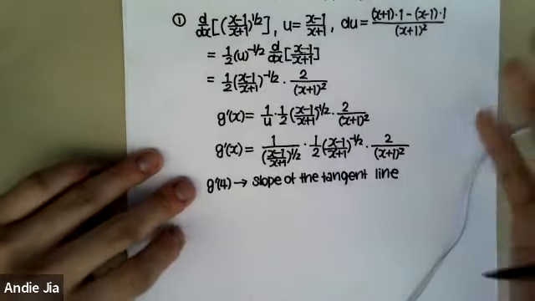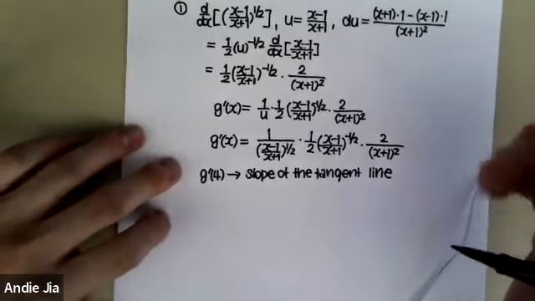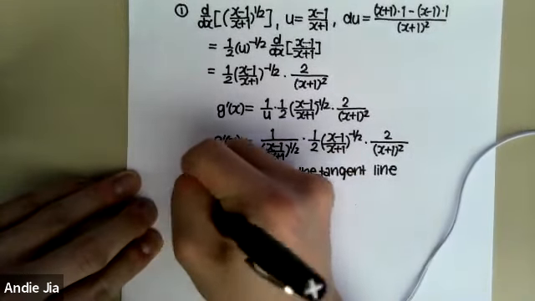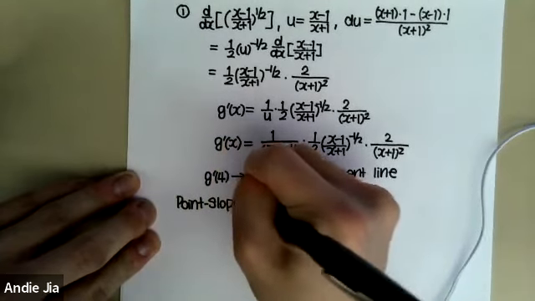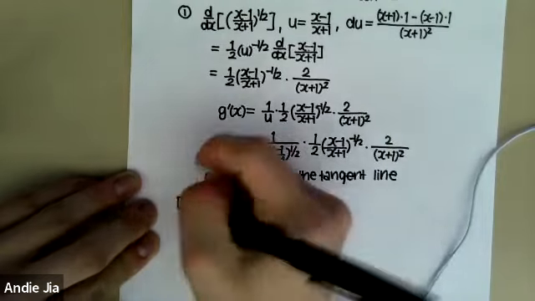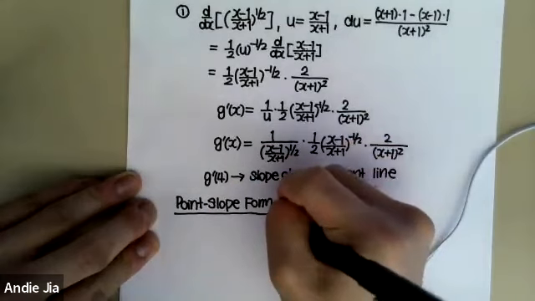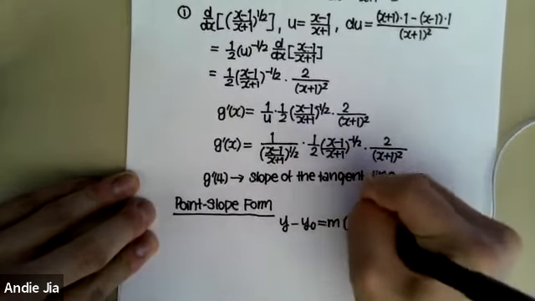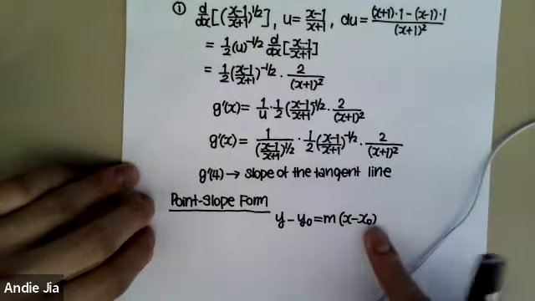The tangent line is always a linear equation. So when the equation is linear, we have the point slope form: y minus y0 equals m times (x minus x0). Now we know x0 is 4.